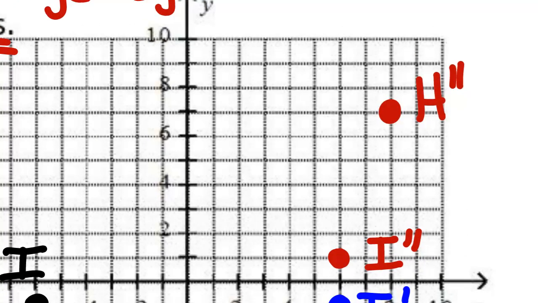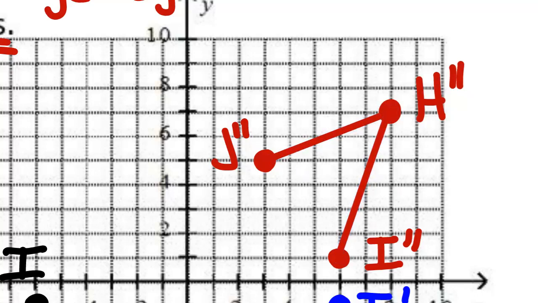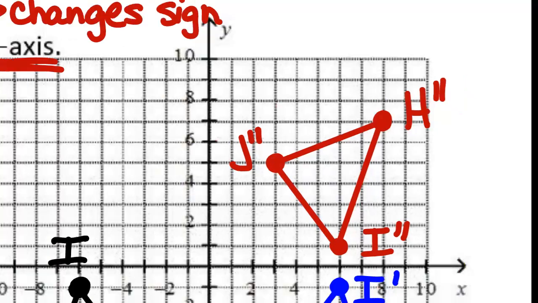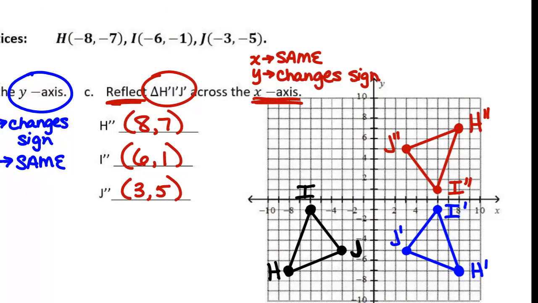And J double prime at 3, 5 will be right here. And then I connect my points to make the second reflection of my triangle. The first reflection, we reflected over the y-axis. This second reflection, I'm reflecting over the x-axis here.